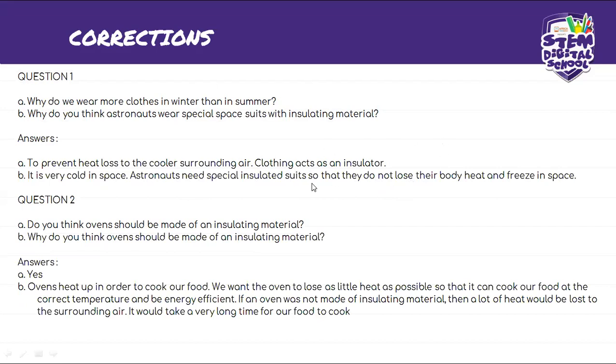Insulator. Insulators prevent heat loss so that they can insulate their bodies from becoming frozen.